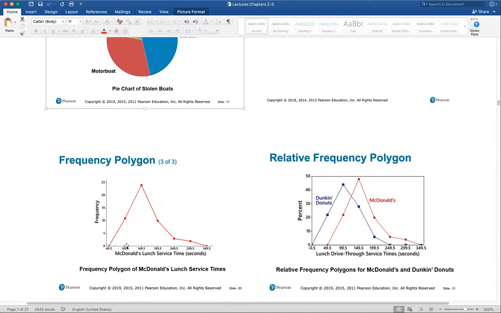Okay, the middle of the class. So we have 49.5, that's normally the middle of the first class, and then 99.5, that's the middle of the second class, and then the middle of the third class, and then we just plot the dots and connect them with line segments.